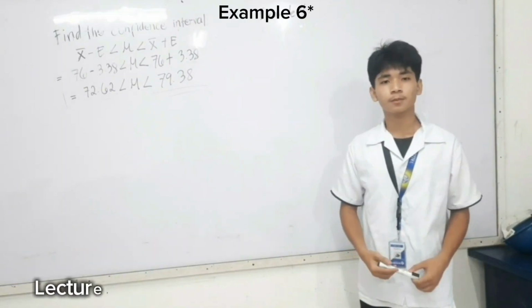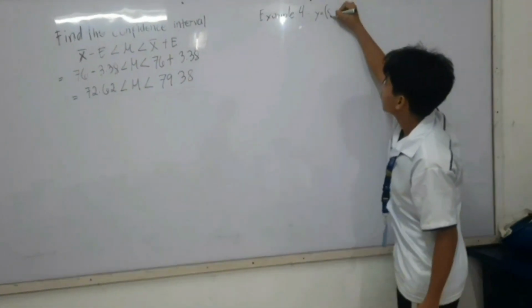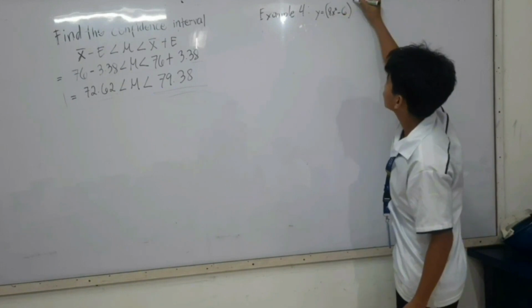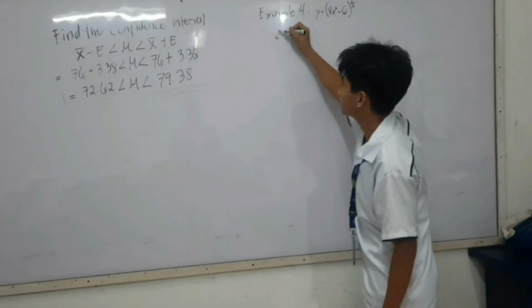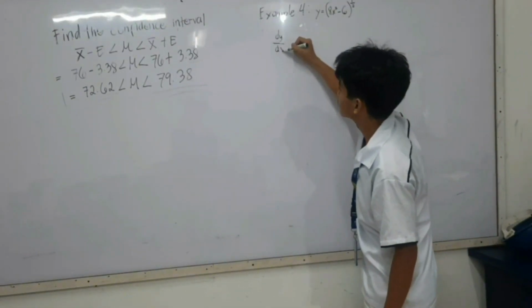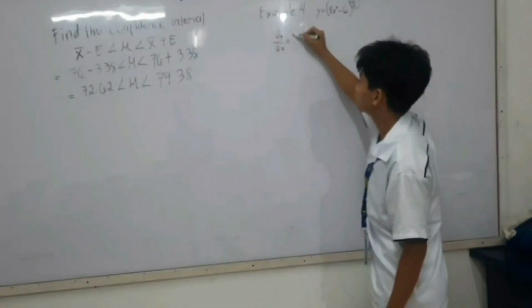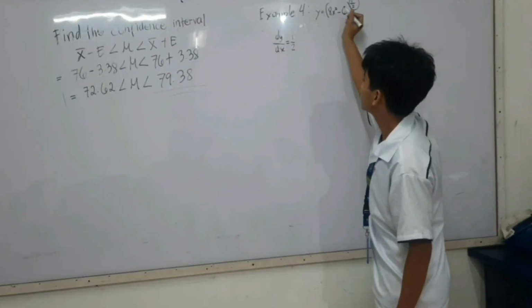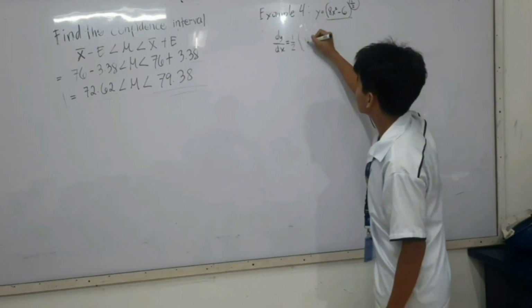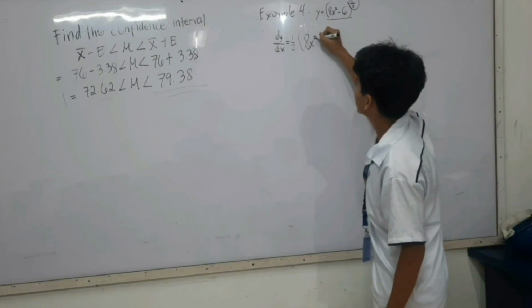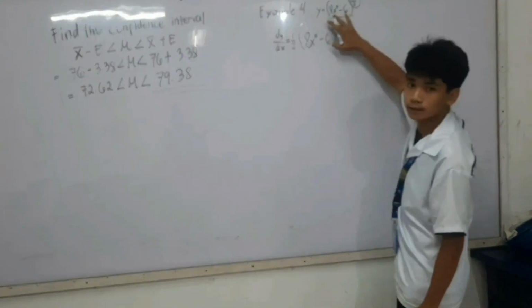For example, let's say the given is y equals x squared minus 6 raised to 1 over 2. What we're going to do first is put the derivative, dy over dx equals, we'll put the 1 over 2 as the coefficient, then we'll copy the given 8x squared minus 6, and also the derivative.